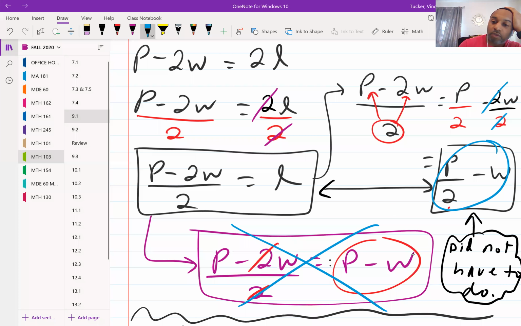That will leave you with P over 2 minus W. Both of those answers are the same. So P minus 2W over 2 is fine, or P over 2 minus W is fine, but you just have to make sure that you simplify correctly. Now notice I put the note over here that you did not have to do it, and I'll show you a scenario in which you will have to do it. But in this case, you did not have to go any further past this expression.